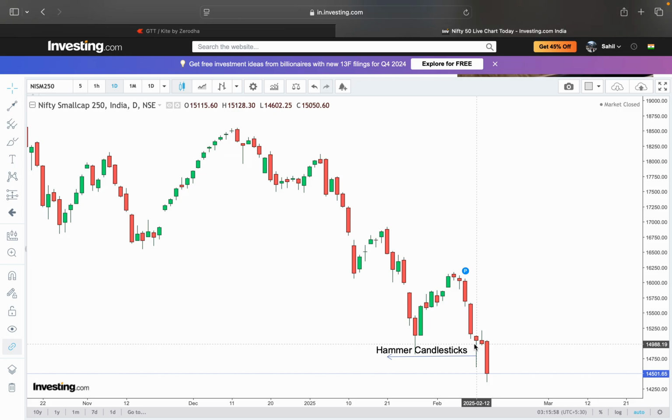However, the distance from the closing value of 15,050 and the low of 14,600 is almost 450 points. In other words, we can see that the wick of the candlestick exceeds the body by a 3:1 ratio, and in the process forms what is known as a hammer candlestick.